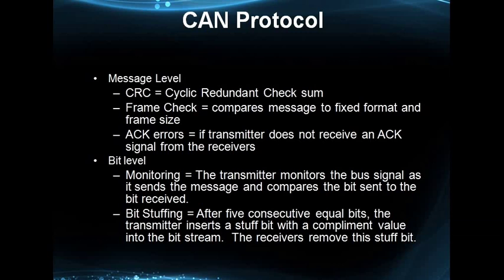So what is bit stuffing? After 5 consecutive equal bits, the transmitter will insert another bit which is the complement of these 5 consecutive bits, whether dominant or recessive. So in CAN, no node can send continuous dominant or recessive bits. If it does, that is termed an error.